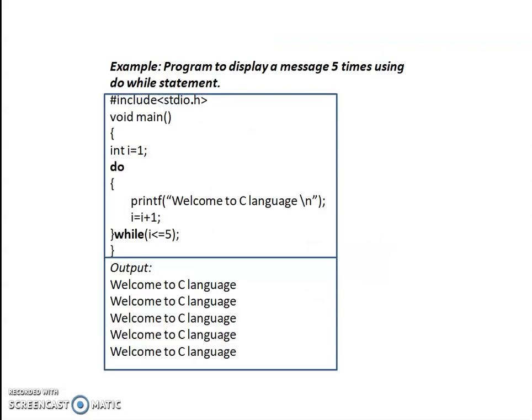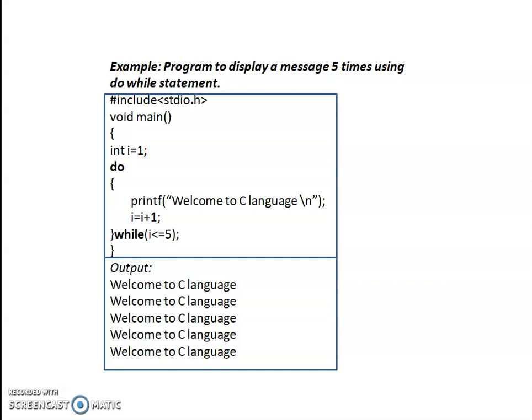Now, in the same way, if you want to display a message 5 times using the do while statement, we will start the program with i equal to 1. We initialize the value of the looping variable with 1. Then we have the keyword do, and inside it, the body of the do while statement. You want to print the message welcome to C language, and immediately after that you are incrementing i. So without checking any condition, at least once welcome to C language will be printed.